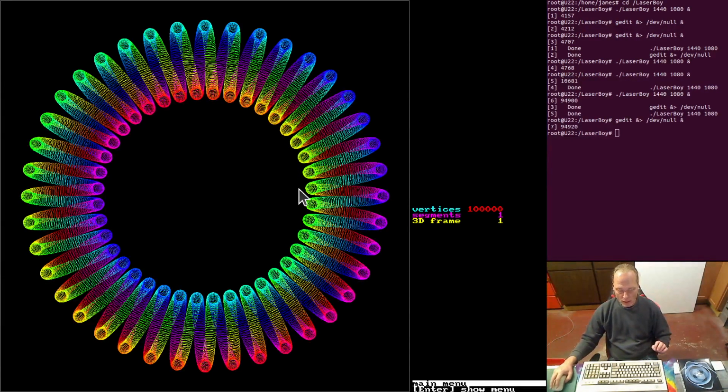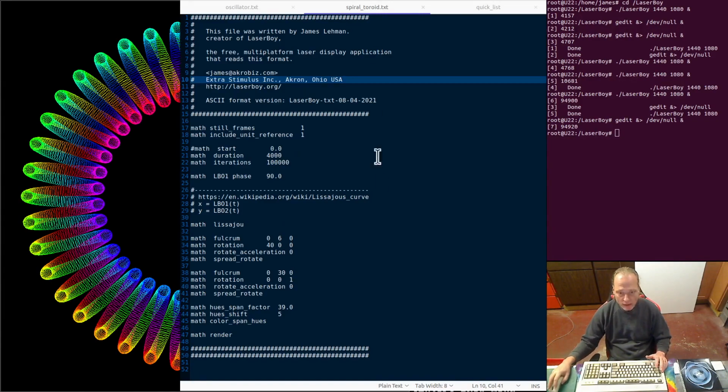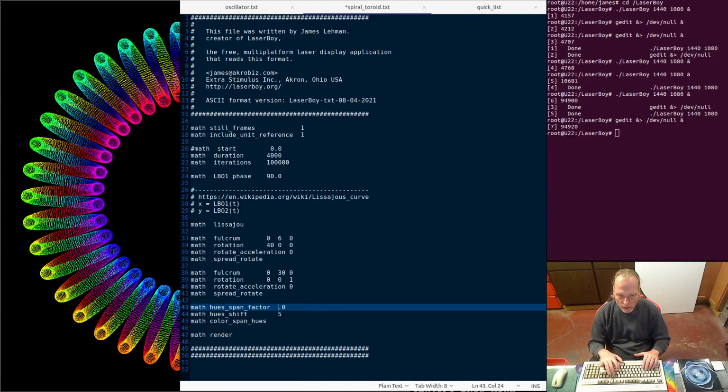Okay. All right. And if you want to see what I'm talking about there, if we make this 40, which equals the number of loops, do that.